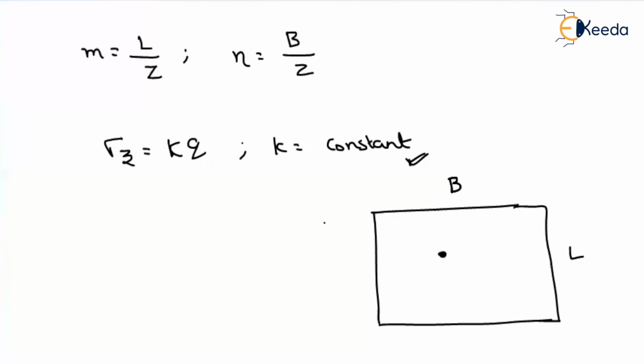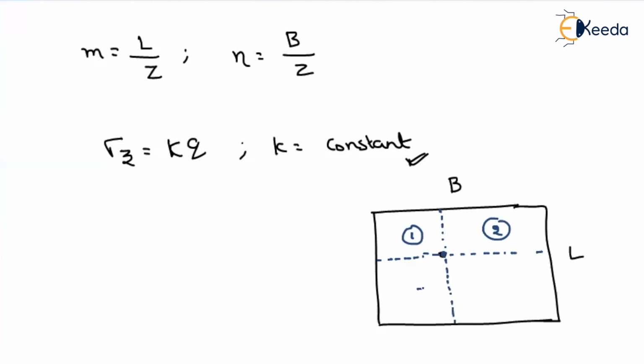I will divide this entire area into a number of rectangles such that one of the corners meets this point. Suppose I divide it like this, this is one rectangle. See, the corner is meeting the point. This is the second rectangle, whose corner is also meeting the point.